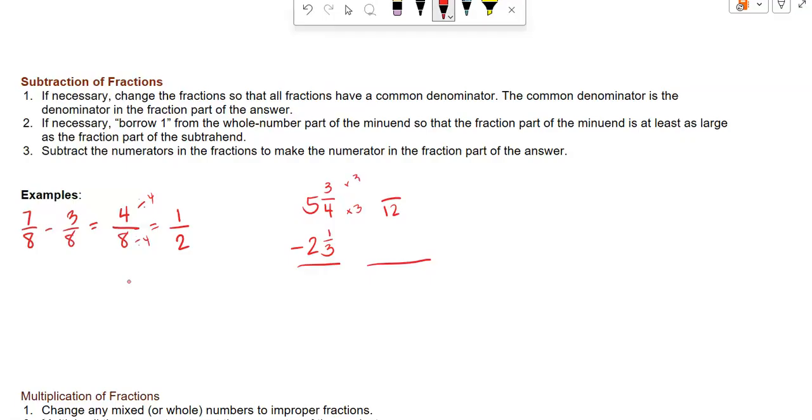So I'll multiply my numerator by 3 as well. And 3 times 4 is 12. So I'll also multiply my numerator by 4. That gives me 4. And 9 minus 4 is 5. And my denominator stays the same. Don't forget about your whole numbers though. So 5 minus 2 is 3. So 3 5/12 is your final answer.